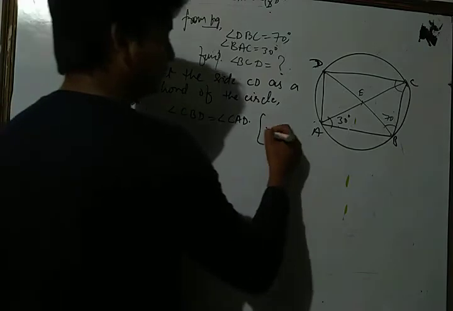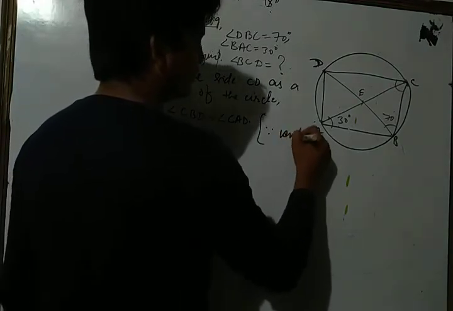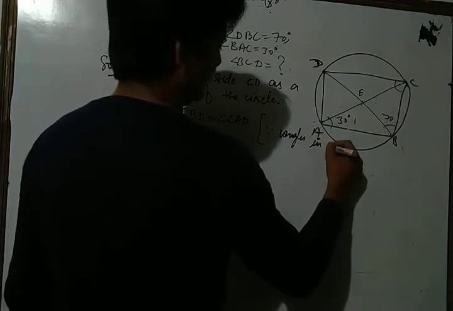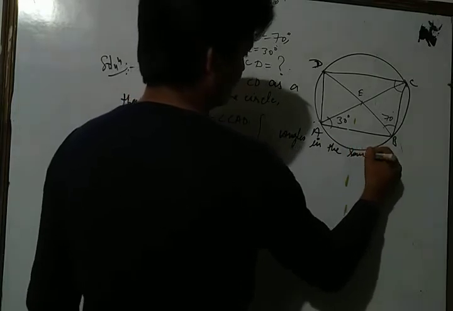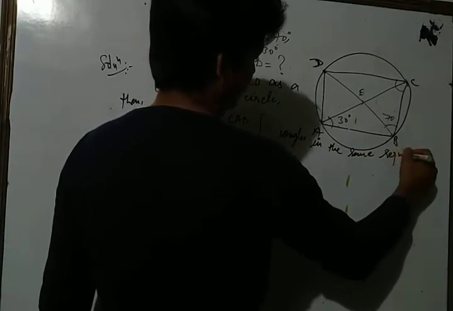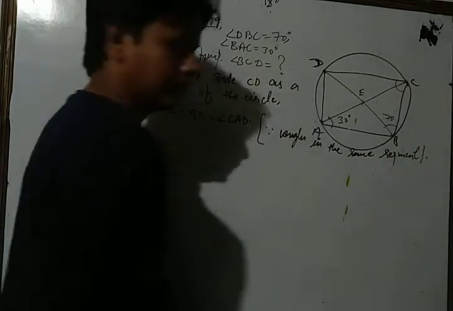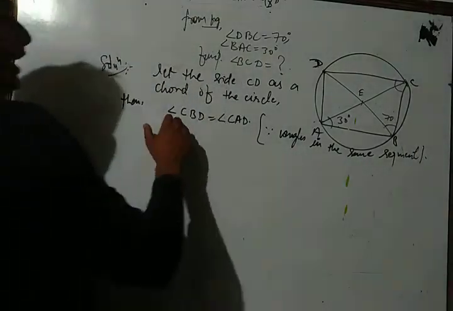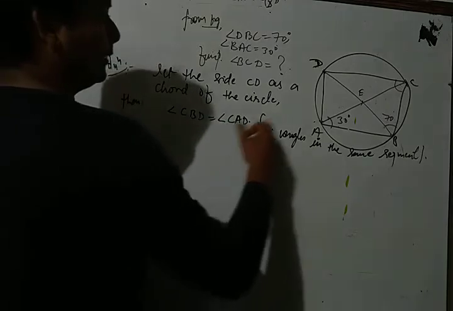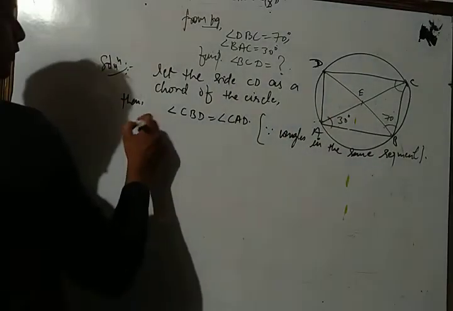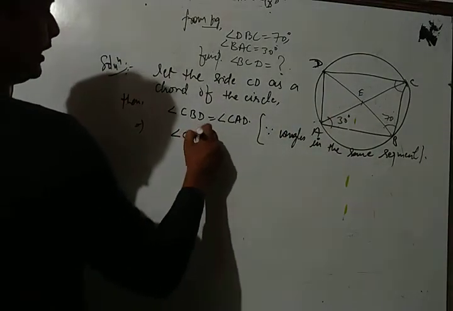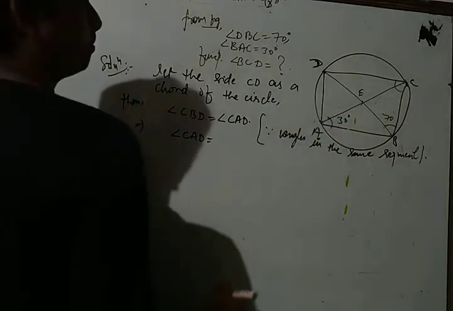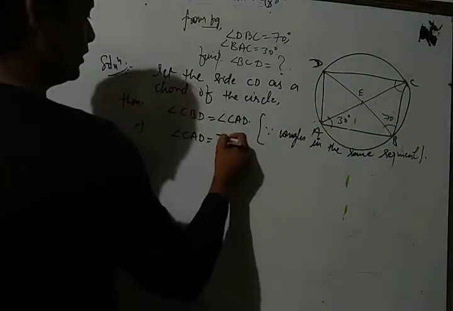Why? Angles in the same segment. So angle CBD is equal to angle CAD. So angle CAD is equal to what? 70 degrees.